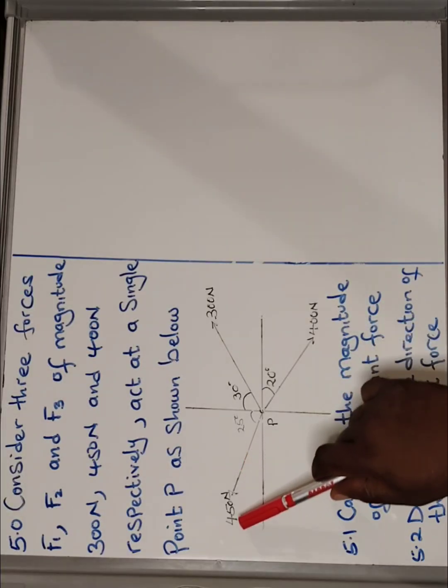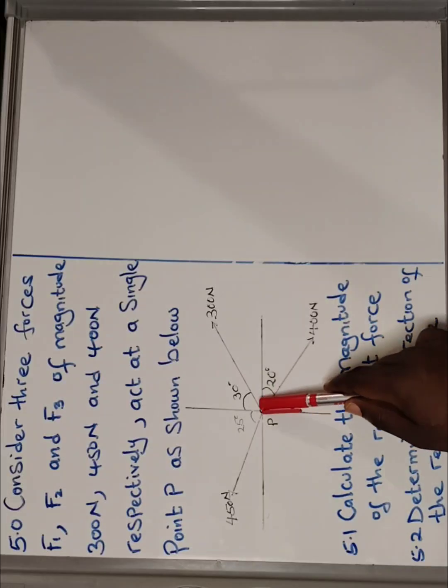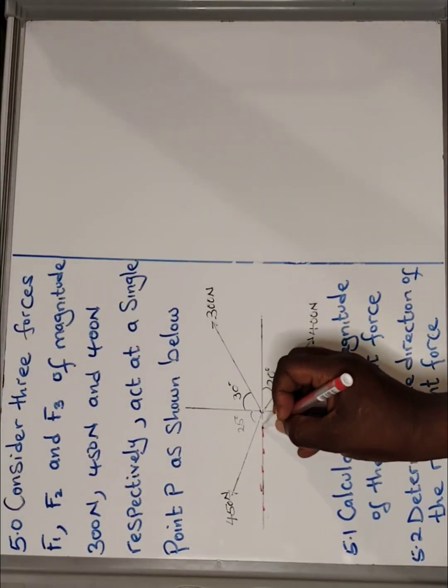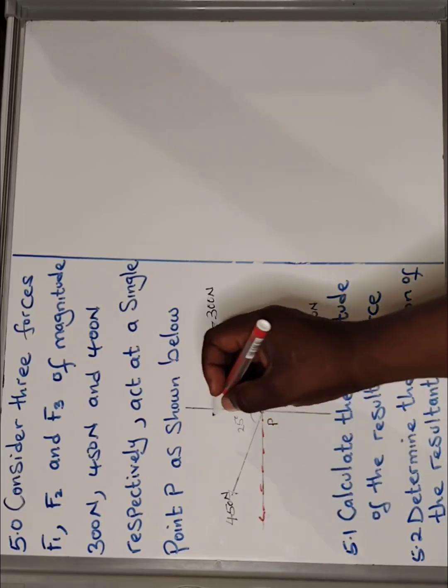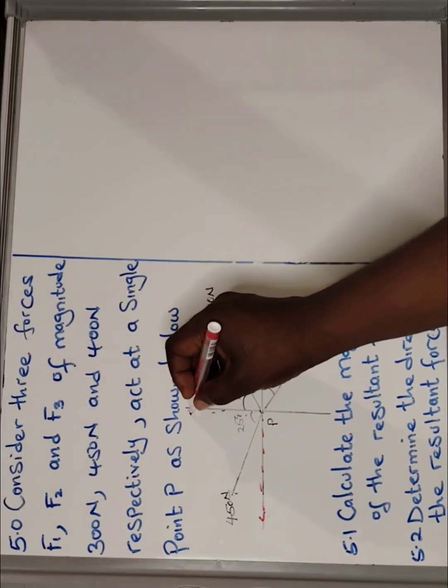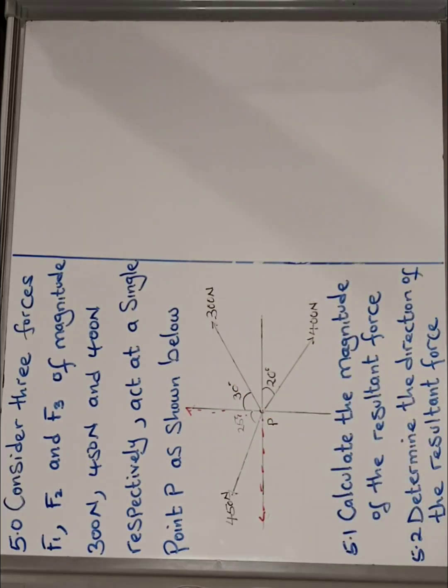This 450 has two components, one along here and one along here. We have to remember that if the force is acting at an angle, or if the force is a two-dimensional force, the components are on either side of that force.